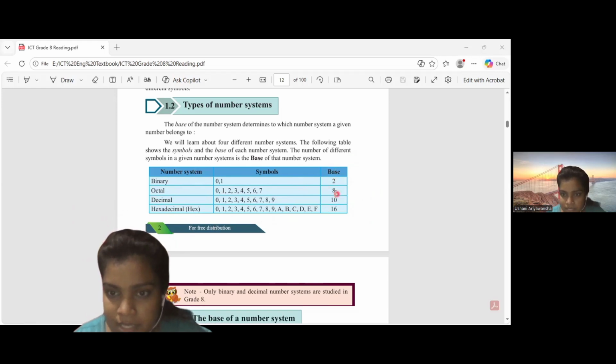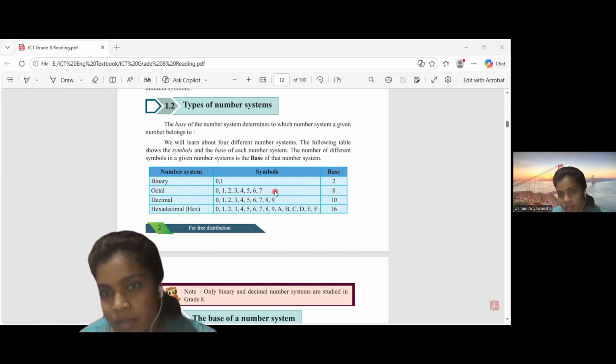If the base is 8, how many symbols should be there? 8 symbols. So we call it the octal number system. This is the hexadecimal number system. You can see the base is 16.